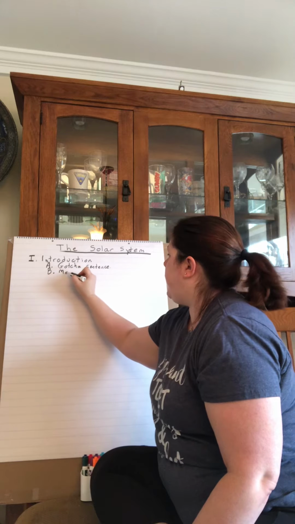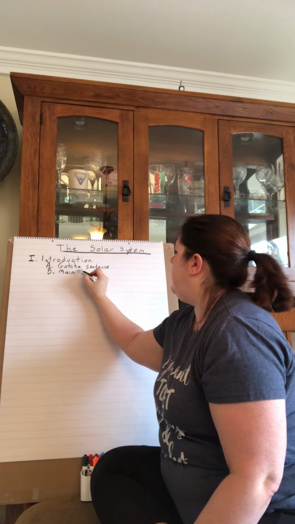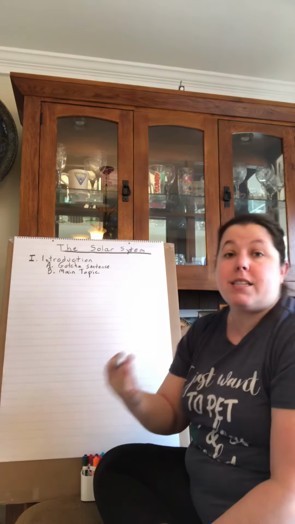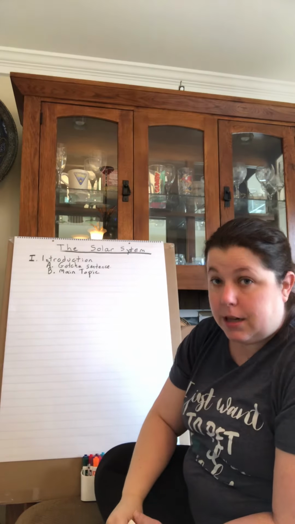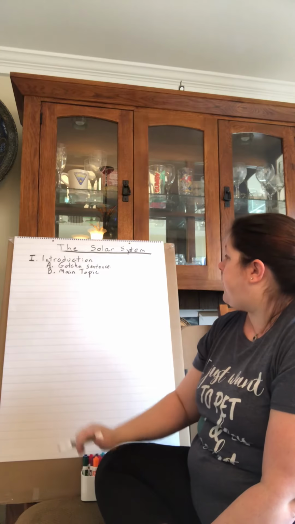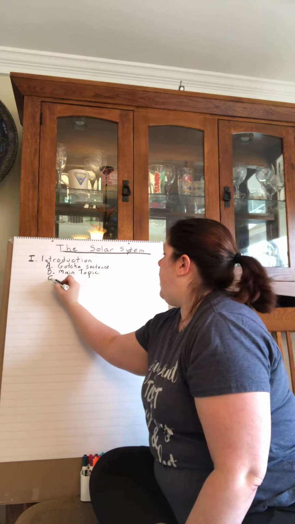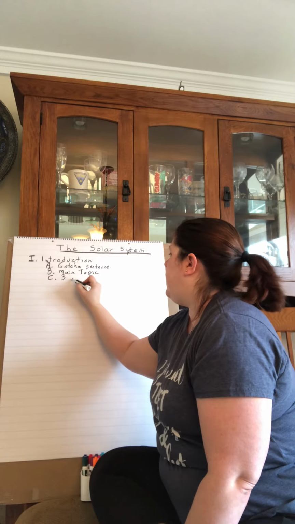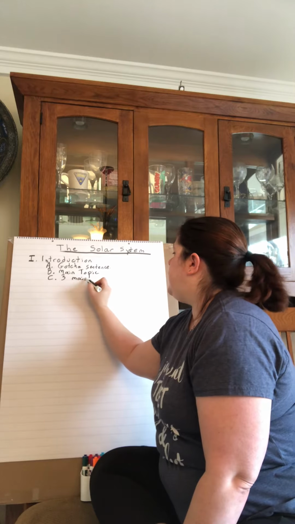After your gotcha sentence, you might want to write something like what you're writing about. Your main topic. So in this one you might write, there's lots of things to know about the solar system. All right, and after your main topic sentence, you might want to write a sentence that has your 3 main details.